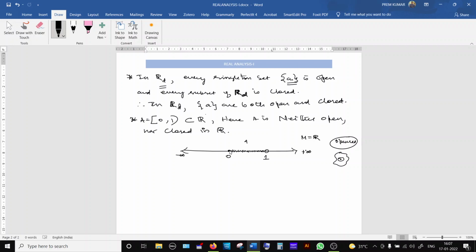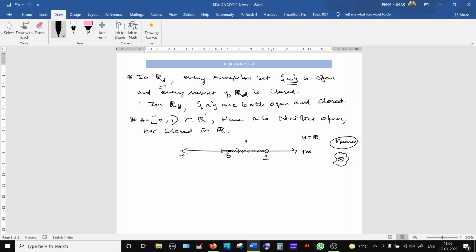So now you construct an open ball; 0 is a point inside A. So you construct an open ball about 0. An open ball in one dimension, that is R, is an interval. So it will be like this. So what about these points?